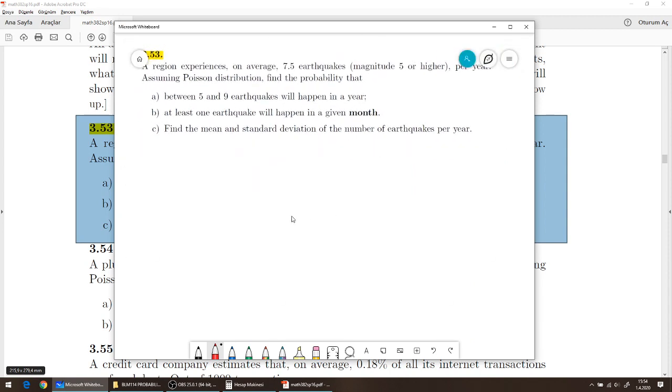A region experiences on average 7.5 earthquakes, magnitude 5 or higher. It doesn't make sense. Magnitude 5, we don't involve with it. We only involve with what? On average 7.5. That means mu equals 7.5 per year. Per year is also important, friends.